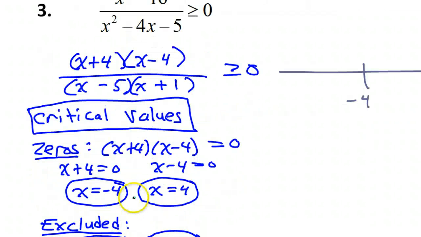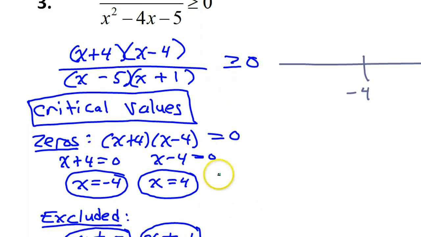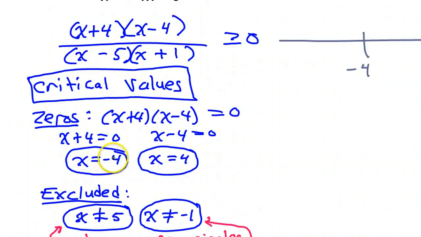Now, how about the zeros? Well, it depends on this. We want the x values that will give us values that are greater than or equal to 0. Now, the zeros of the function give us exactly 0 if we plug them in. So these will be included because we want it to be greater than or equal to 0.